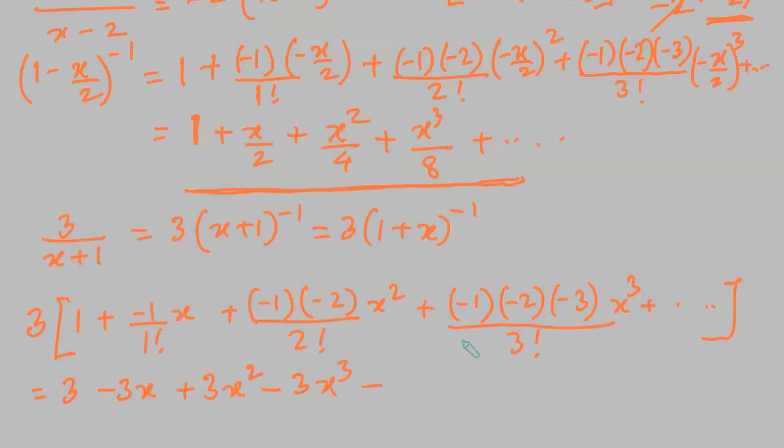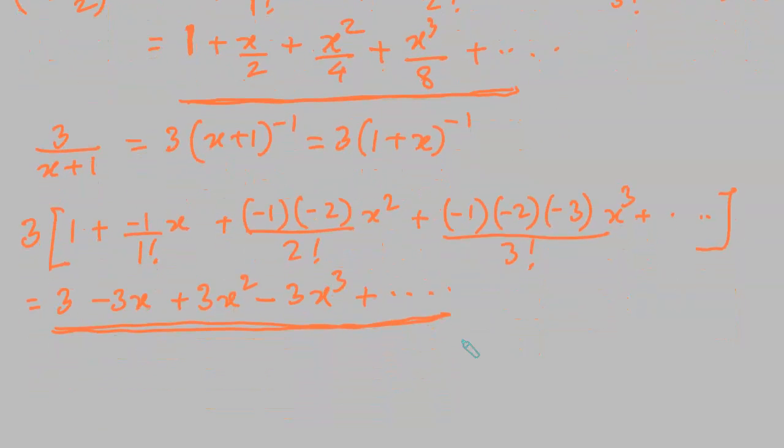Okay, so these are the terms from the second part. Now we will just add them. So it is 3 plus 1 is 4.